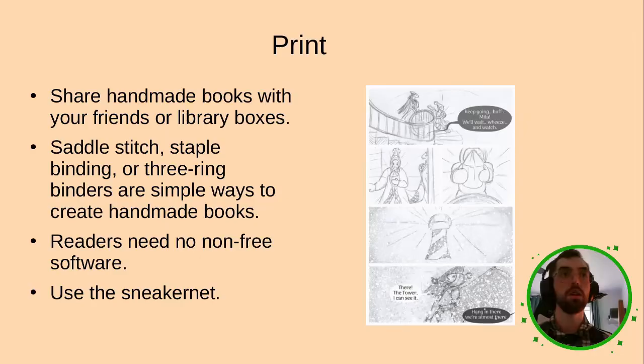It works well for comic books or zines, where you basically just sew the book together after poking holes in it with an awl. You can use staple binding, which just uses a stapler. You can use 3-ring binders or folders with the folding metal tabs if you don't have time to do binding.